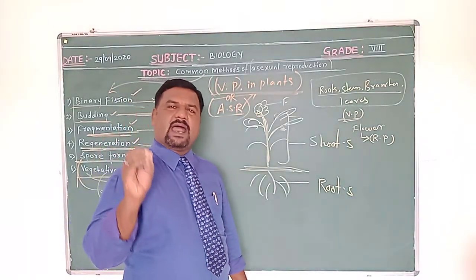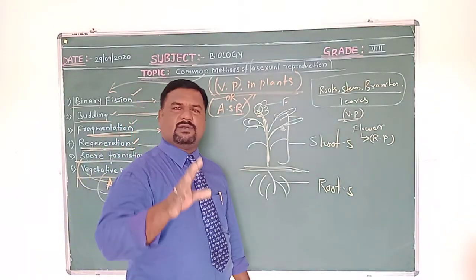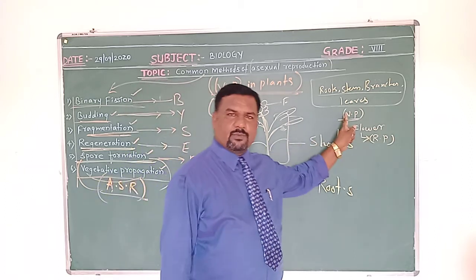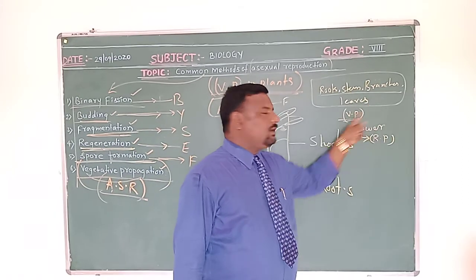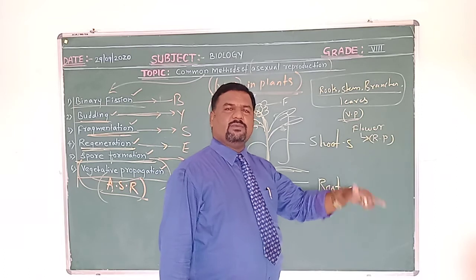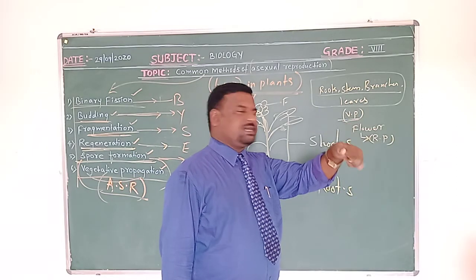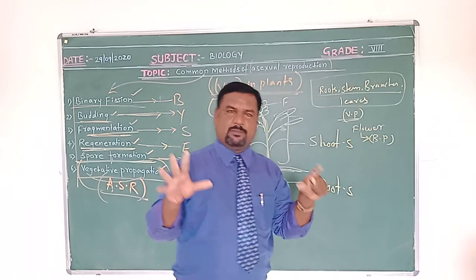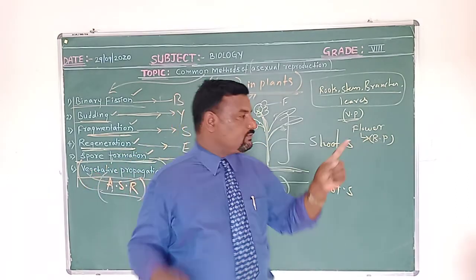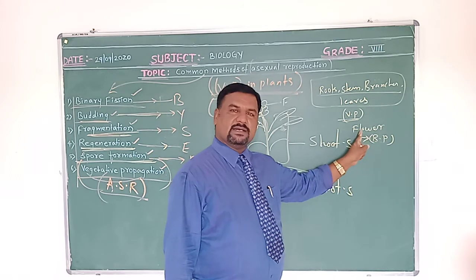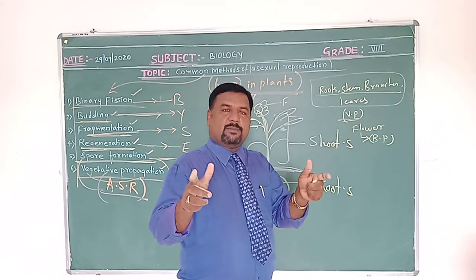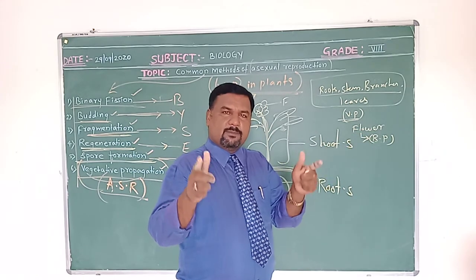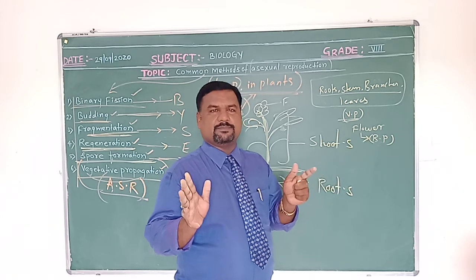The parts of the plant body which are involved in asexual reproduction we call vegetative parts. Sexual reproduction in plants takes place with the help of the reproductive part, that is the flower, and asexual reproduction takes place in plants with the help of vegetative parts.